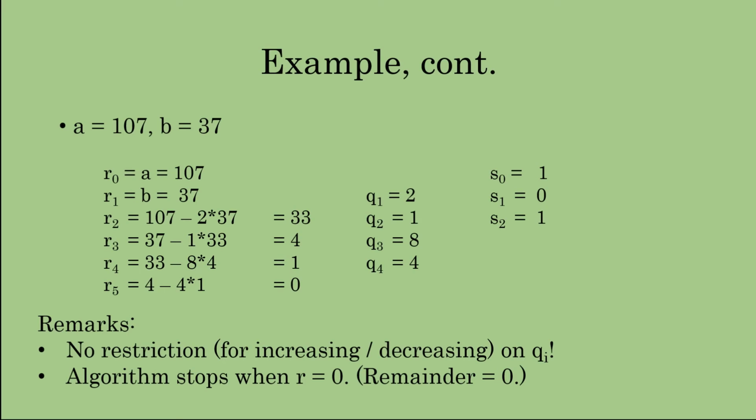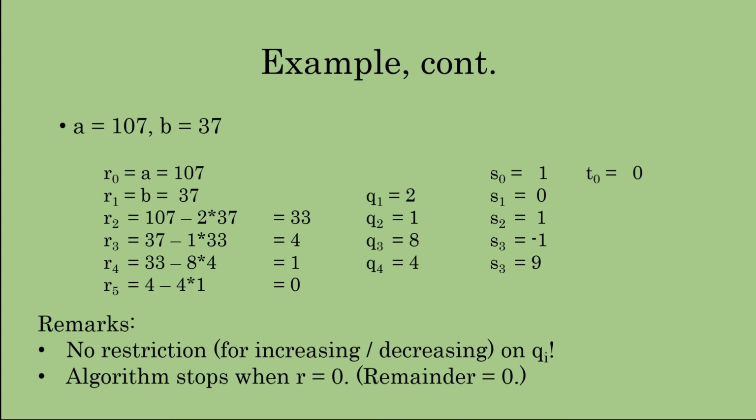And then we say 0, which is s sub 1 right here, and we're subtracting 1 times 1, because these two are in the same row, so we're subtracting q sub 2 times s sub 2, and our result is negative 1. And then, to calculate the next value of s, or in this case s sub 4, we take s sub 2, so 1 minus q sub 3 times s sub 3. So 1 minus 8 times negative 1, or 1 plus 8, which will be 9. And then we actually get to stop right there, because r sub 5 equals 0.